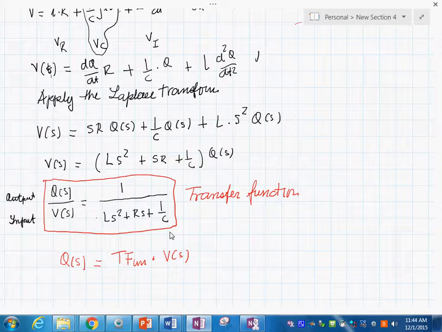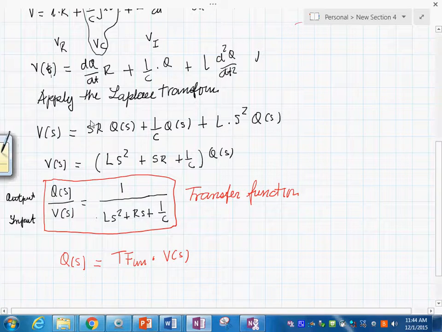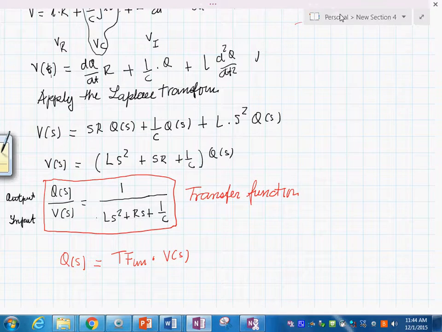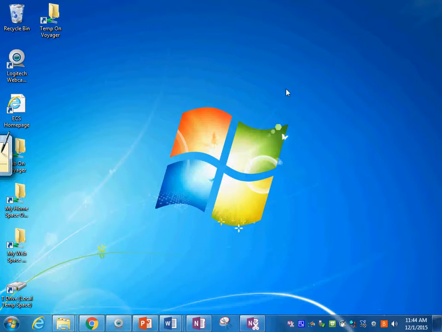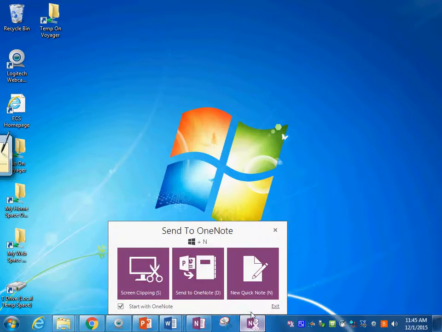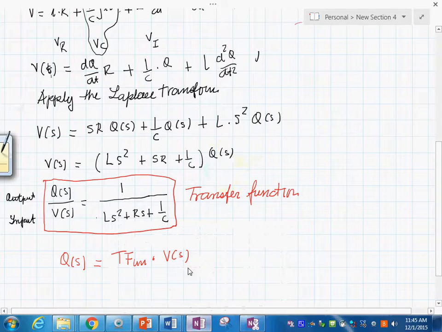So I think we could just do a very simple example using MATLAB with this transfer function, and you'll see how you can actually use this. I didn't mean to minimize it this much, but let's just try it here.